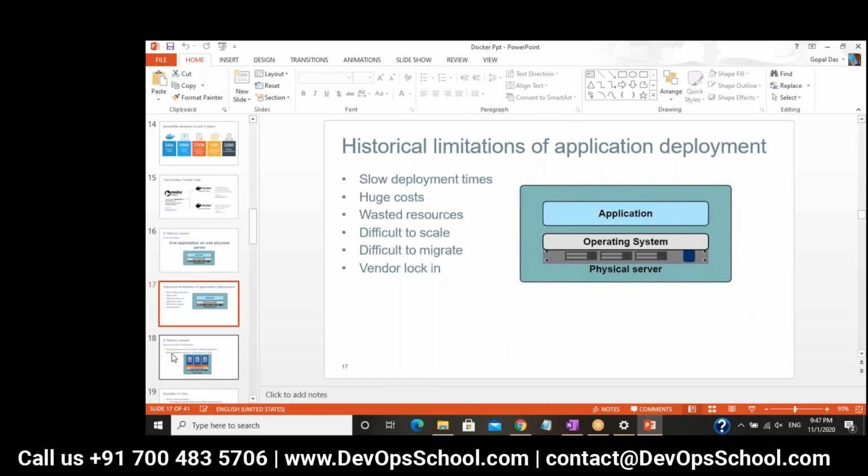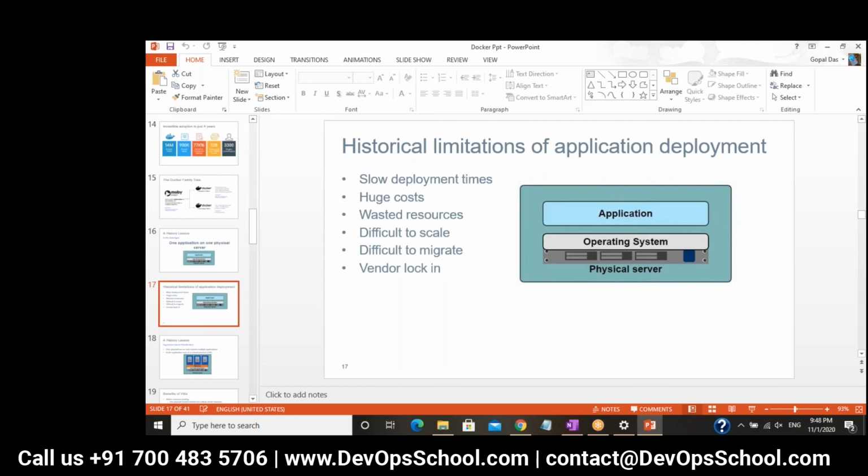When I looked into their hardware, it was almost 5 years old. There is no replacement available nowadays, and there is huge cost to manage that hardware.